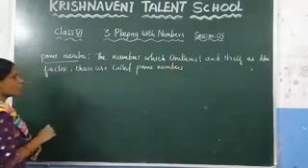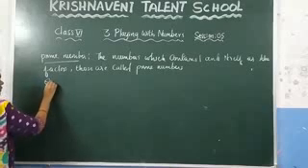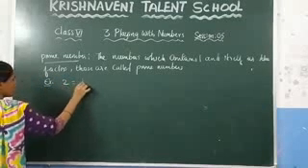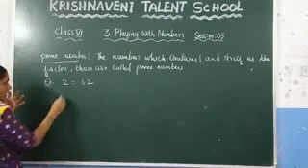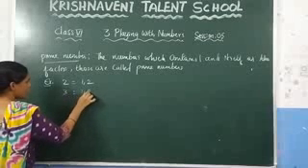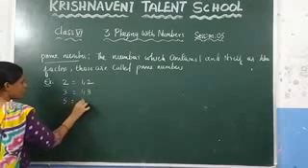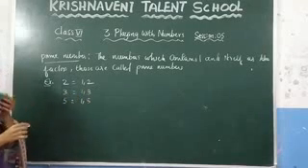You can consider here the examples, which is 2, because 1 and 2 are the factors, and similarly if you consider 3, 1 and 3 are the factors, 5, 1 and 5 are the factors, and so on.